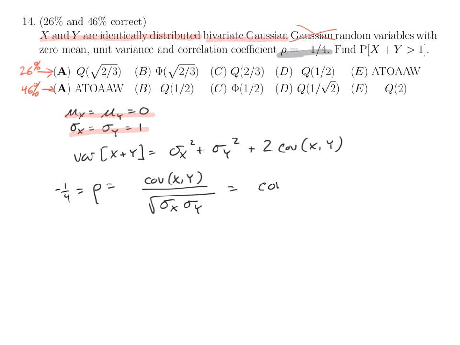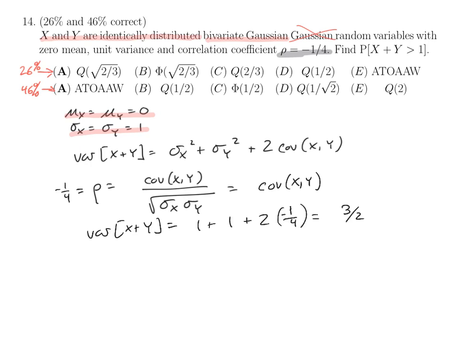And so this is just the covariance. So we have the variance of x plus y is equal to 1 plus 1 plus 2 times minus 1/4. So that's 3/2, right?